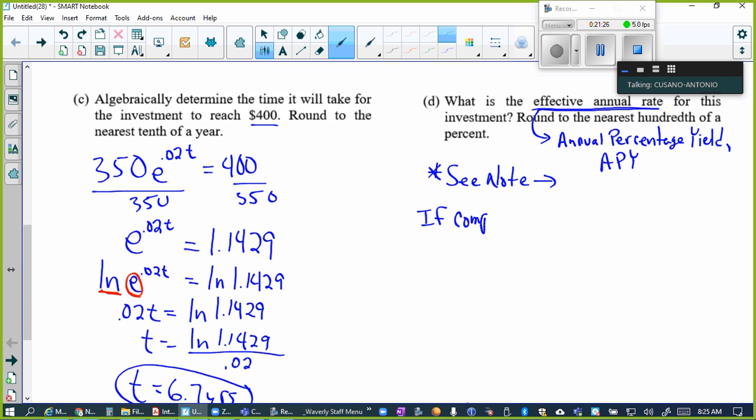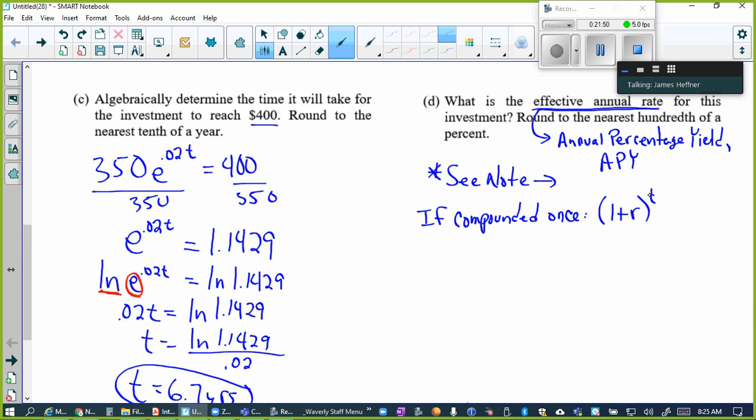It'd be n equals 1. If compounded once, our formula would be 1 plus r, to the t. That make sense? Divided by 1, it just doesn't change anything, right?